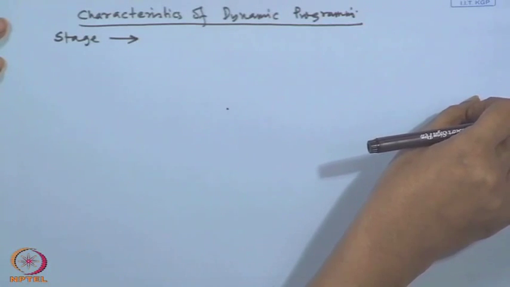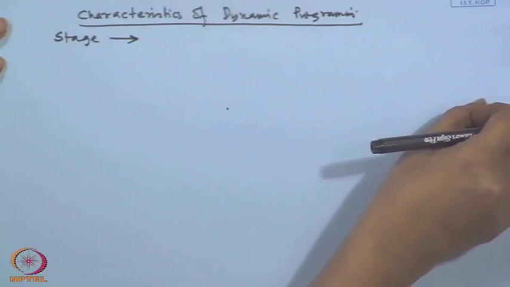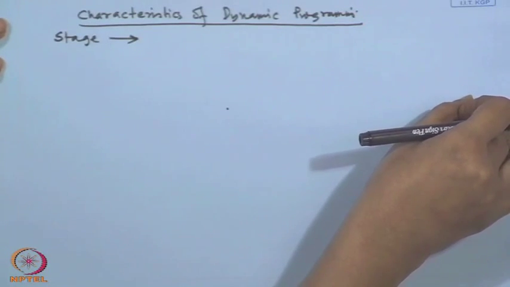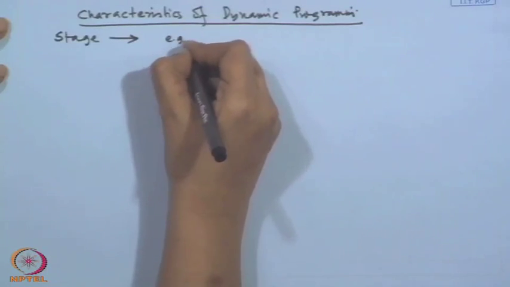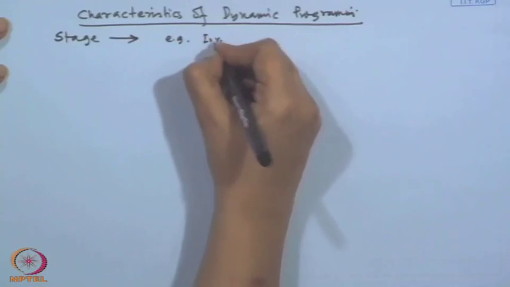Stages are computed, and we get the optimal solutions of individual stages sequentially. Now, the stage may or may not depend on time. The problem I just considered has no dependence on time, but consider a simple example, the inventory problem.